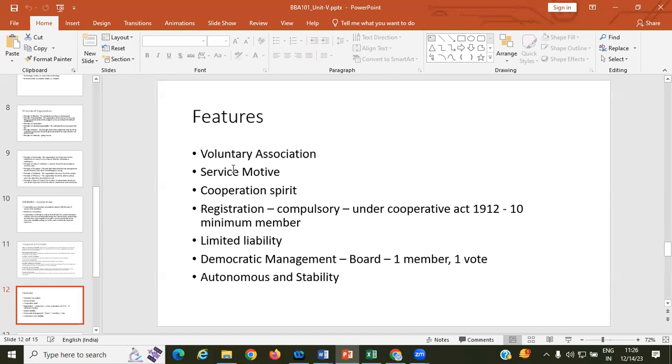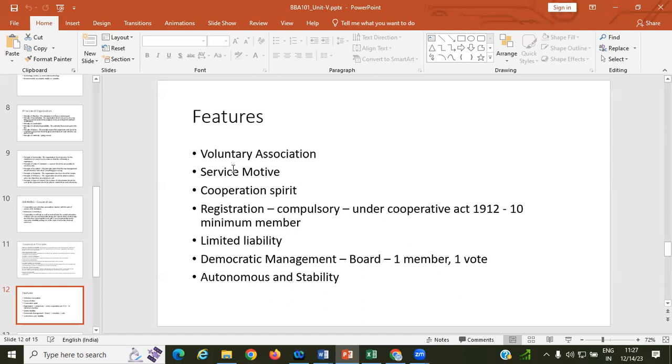Democratic management. All the members will vote and create a body, the board of directors, and that committee will manage everything. There will be a president, a secretary, as in any society you see.